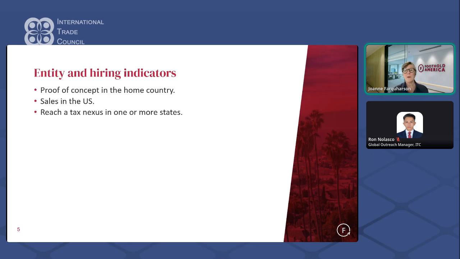So if you have had sales, say lots of people in California want to buy your product, and you've had a number of sales in the US, it could be that you owe tax to that state. And that's a great situation to be in because your US sales are up.